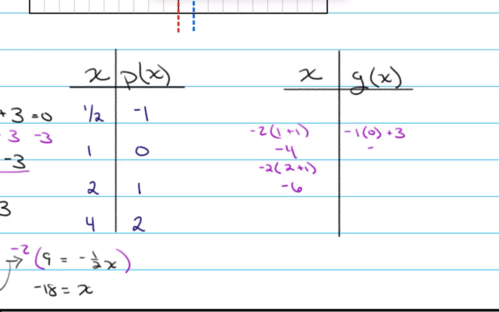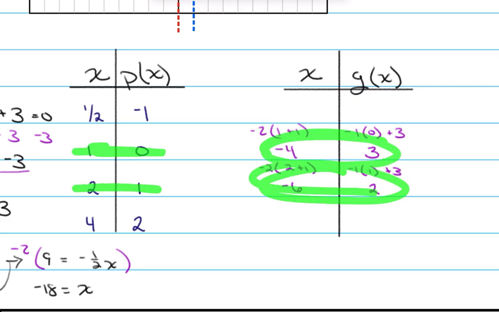So that's still 0, 3. And then -1 times 1 plus 3, that's -1 plus 3, which is going to be 2. So 1, 0 transforms to be -4, 3. 2, 1 transforms to be -6, 2.